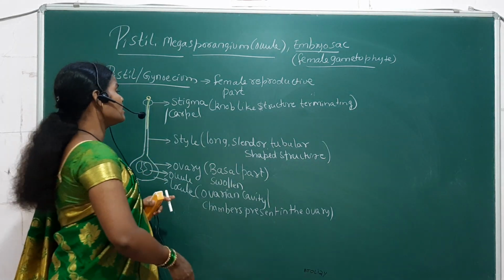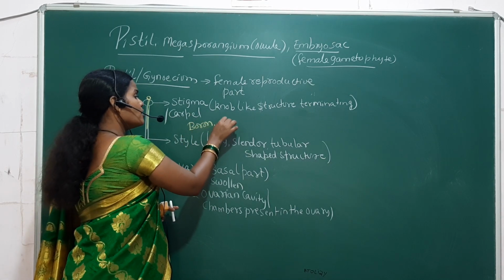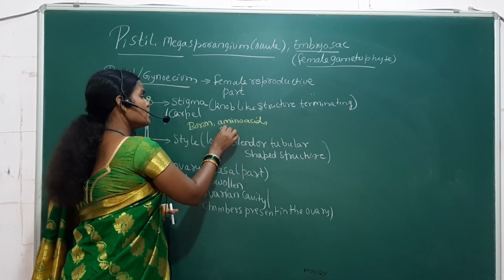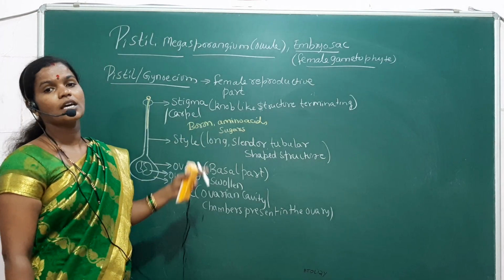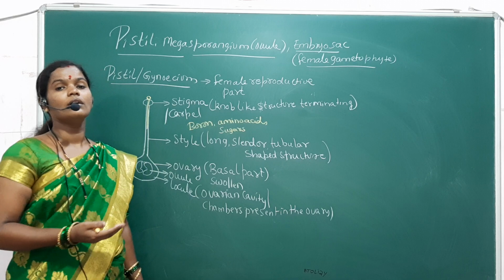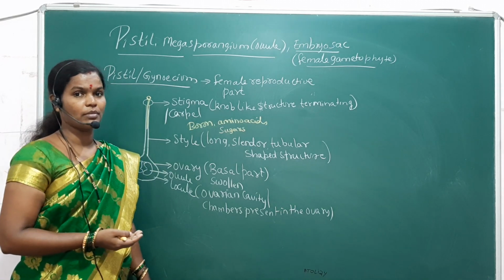Mainly the chemical is boron. Boron, amino acids, and sugars or carbohydrates play a very important role in the arising of the pollen tube on the stigma.